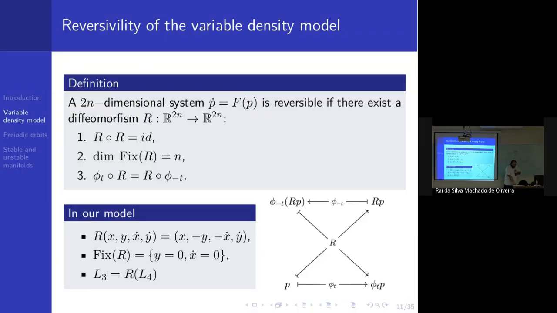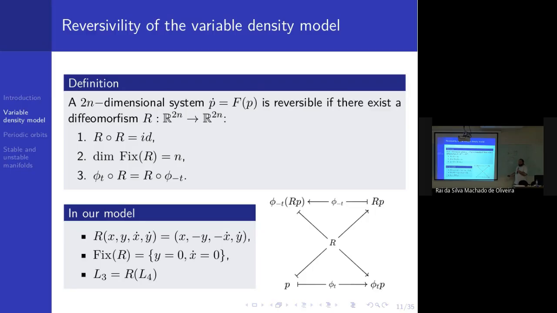So if we have a reversible system, it's the same to integrate the initial condition P forward in time as to compute the symmetric of this point, go back in time, and then compute again the symmetric of this point.